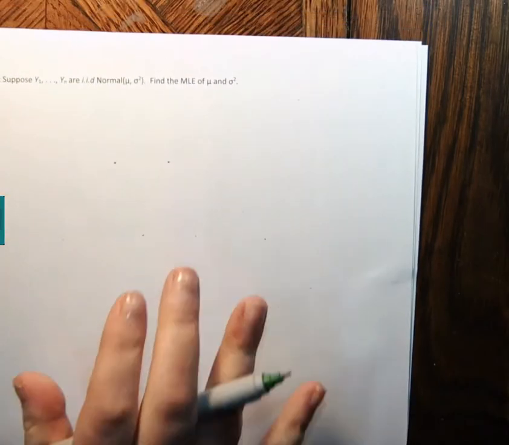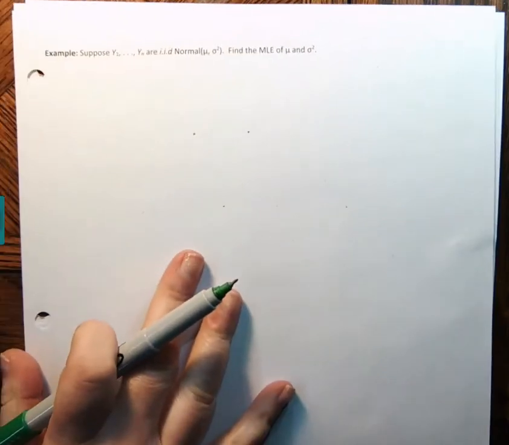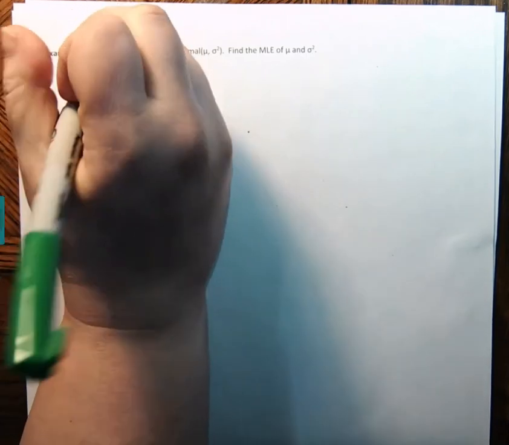All right. Next, we're going to find the MLE for a normal distribution, and we're going to do this both for mu and for sigma squared. So again, the first thing we're going to do is write down the likelihood function.